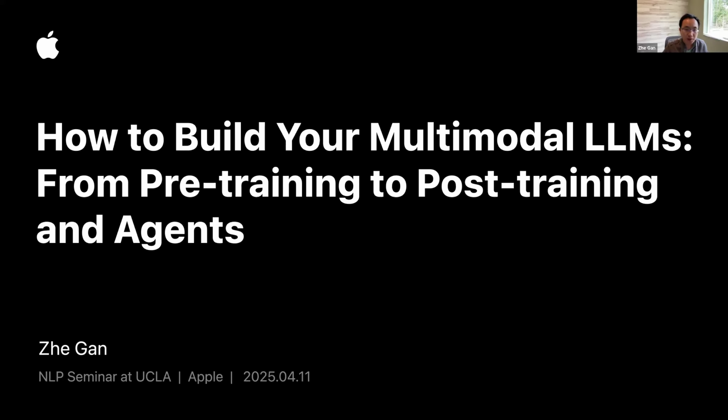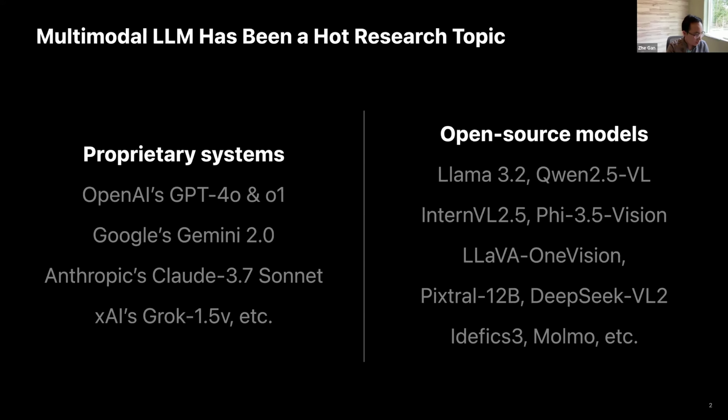So the topic of today's presentation is how we can build a multimodal LM, from the pre-training side going to post-training and agents. Multimodal LM is a very hot research topic.